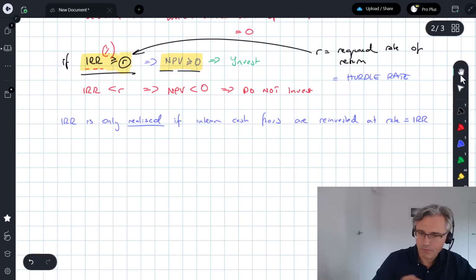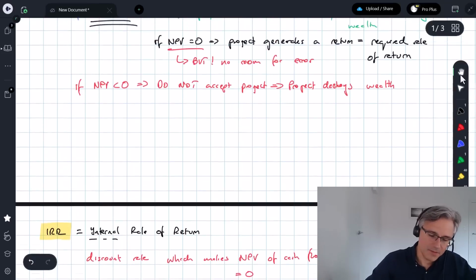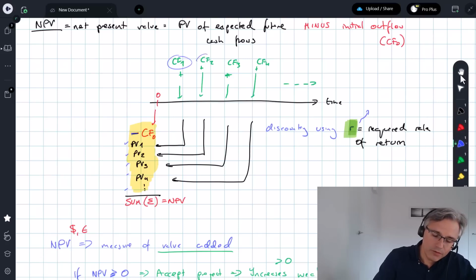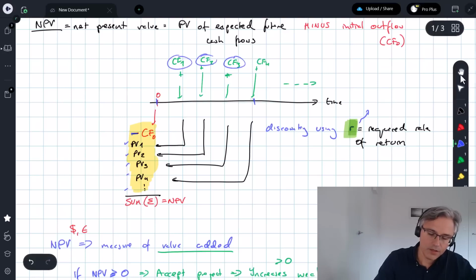So what I've written down here basically means that if you've got a project with cash flows like these, right? If you took each one of these interim cash flows, interim meaning happening before the project beginning and the project end, although that final one is actually the project end, so let's not count it.